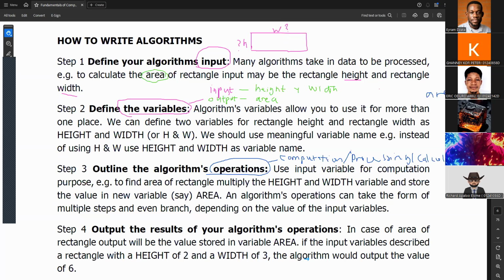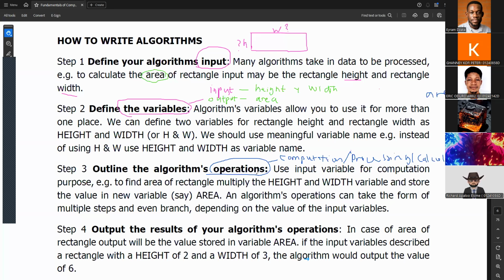That's the formula. If you are finding the area of a circle, it's given as pi r squared, and so on.